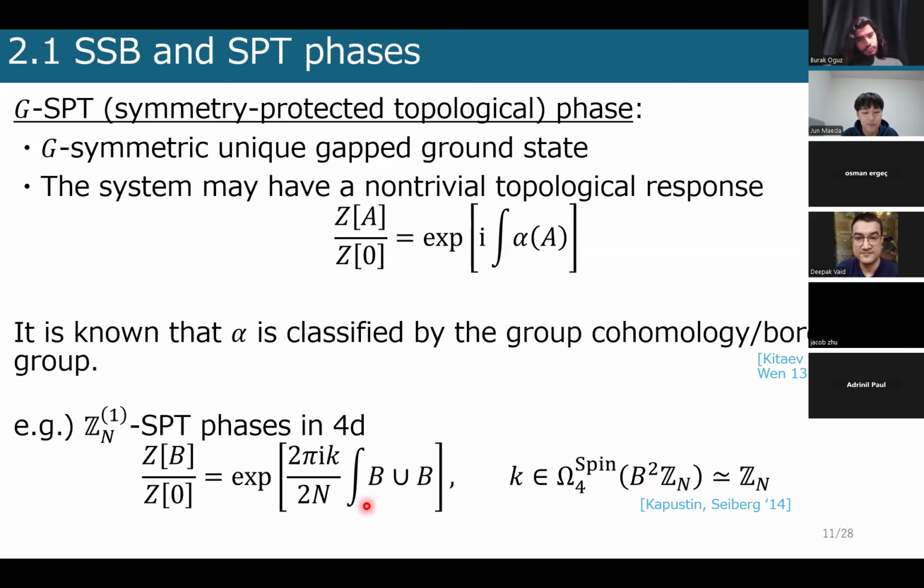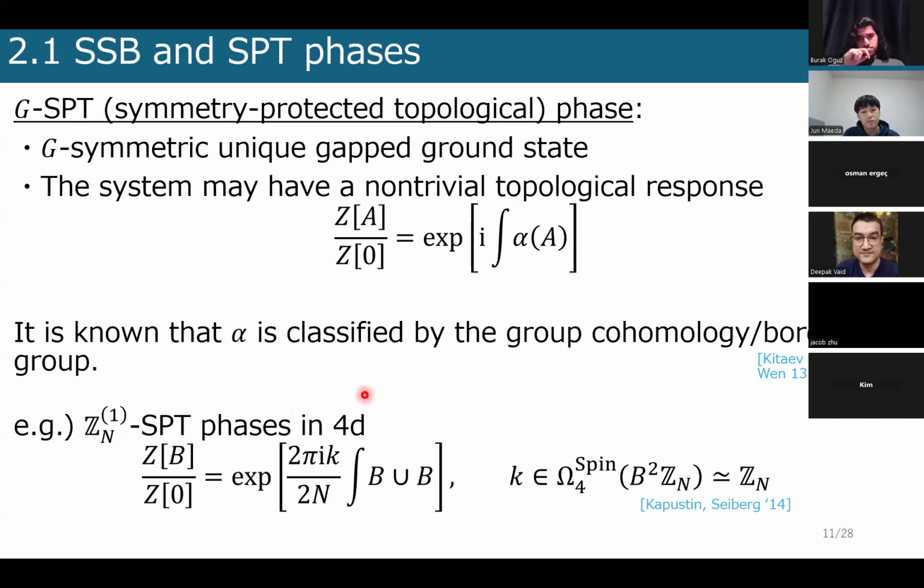And the explicit form of the twisted partition function is given by this in this case. Here, this is a cup product. But if you do not know it, you can understand this as just an ordinary wedge product, so there is no big difference. And this is a typical behavior of the twisted partition function in an SPT phase.